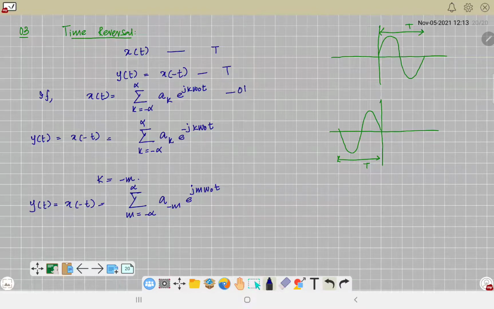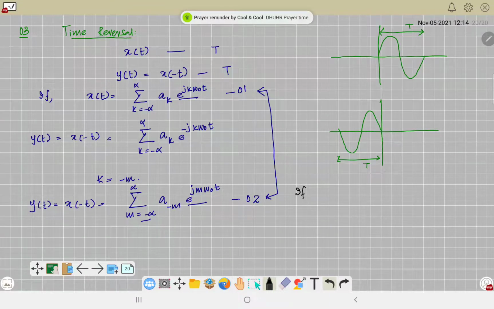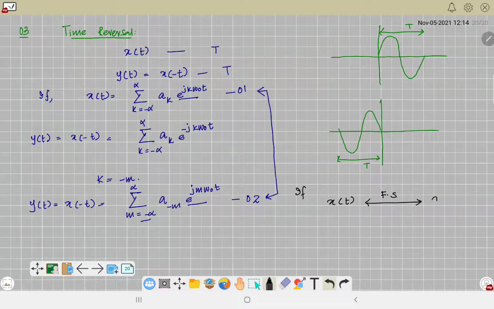So if I call this 1, if I call this 2, now if you compare these two, equation 1 and 2, they have the same exponential parameter, they have the same limits, just that a of k is equivalent to a of minus m. So I can generalize here that if x of t after Fourier series is related to a of k, then x of minus t, that is the time reversal version of this signal, will be a of minus k.